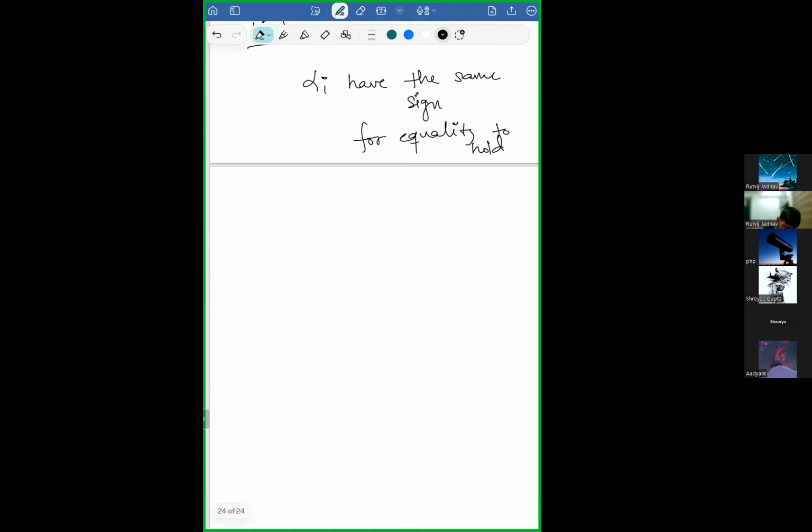Now, alpha i were p of xi plus 1 minus p of xi. So this term, for 1 less than or equal to i less than or equal to n, has the same sign, right? What does that mean?